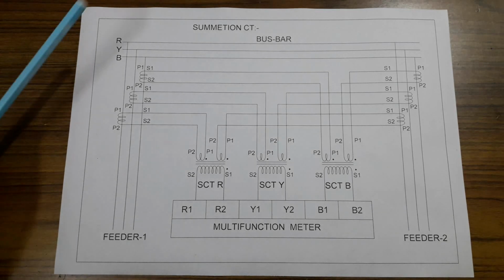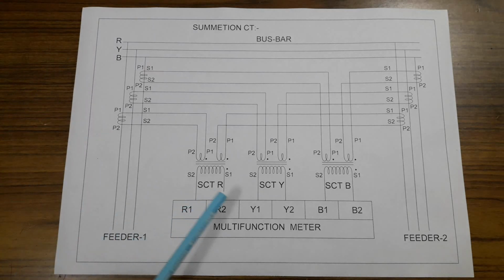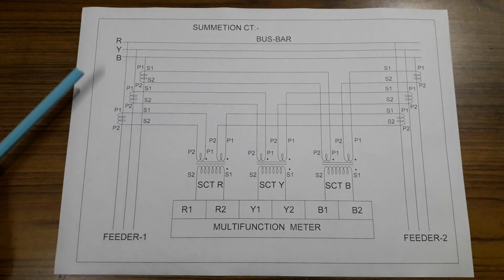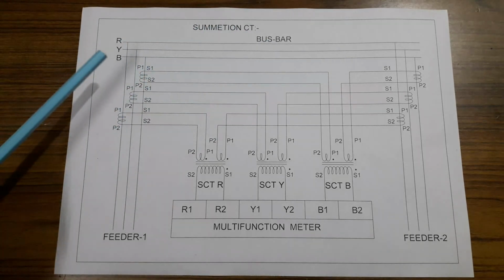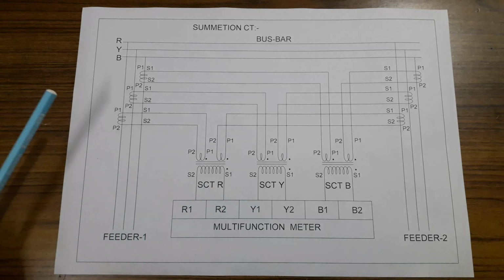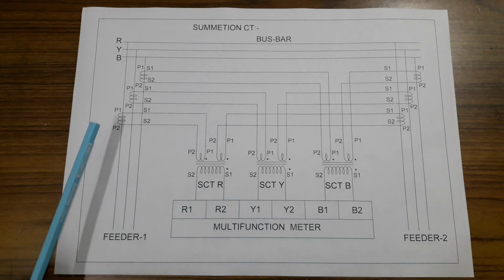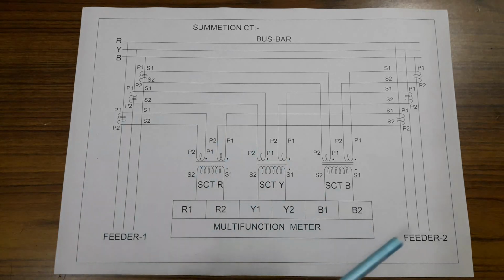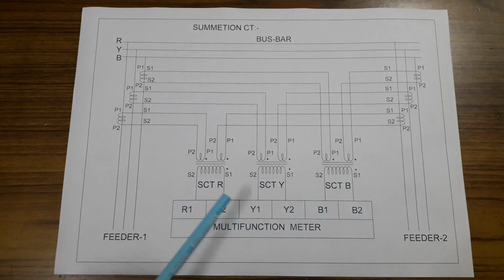Here is the Summation CT, SCTR, SCTY, SCTB. Here is the RYB phase three-phase bus bar, and it is feeder 1 and it is feeder 2. From feeder 1 red phase CT and feeder 2 red phase CT are summed here in the SCTR, Summation CTR.